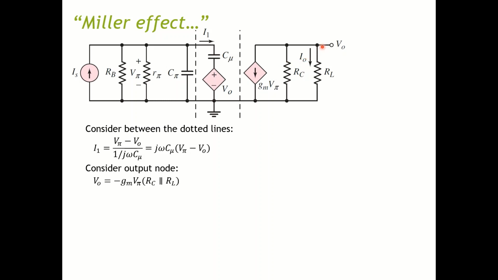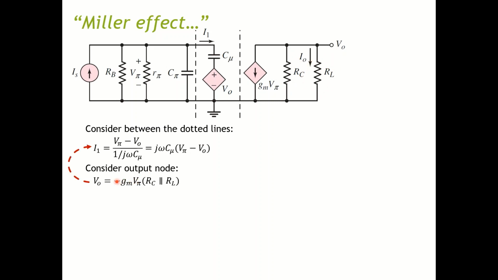The voltage across this parallel resistor is the current going in multiplied by the total resistance. The current going in is negative because it's in a different direction, so negative gm V pi multiplied by RC parallel RL.